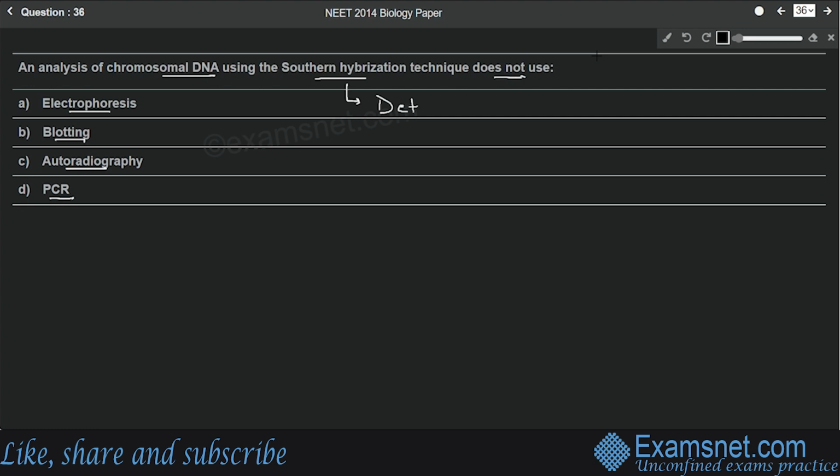Detection and quantification of a specific DNA sequence in DNA samples.